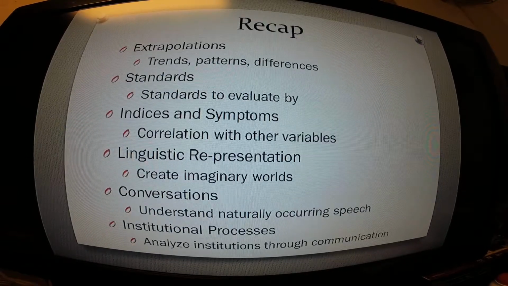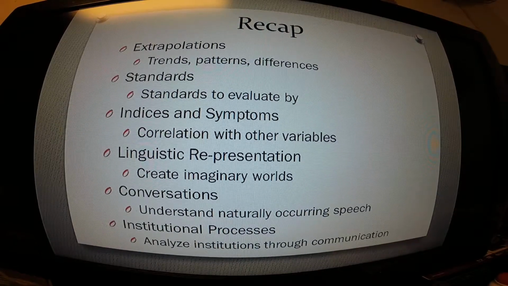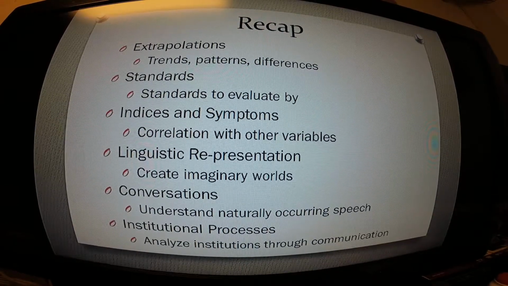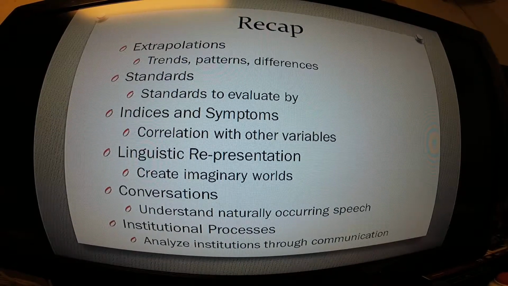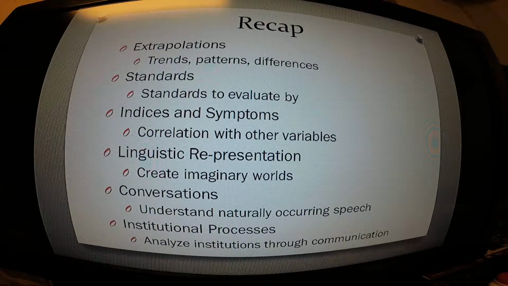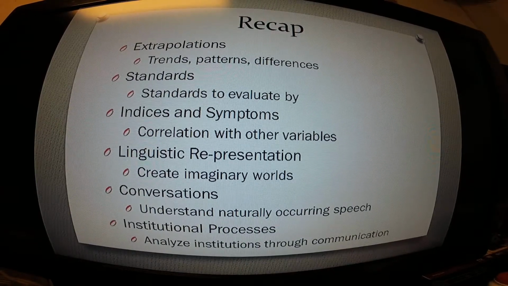So let's recap here. We talked about 6 different categories. Those categories are extrapolations. We're looking at trends, patterns, and differences. Also, we're looking at standards. Standards are used to evaluate something by. Indices and symptoms: we're correlating one variable with another.